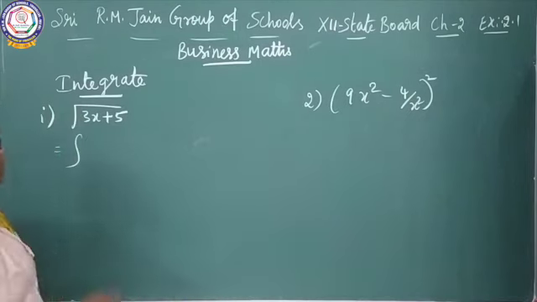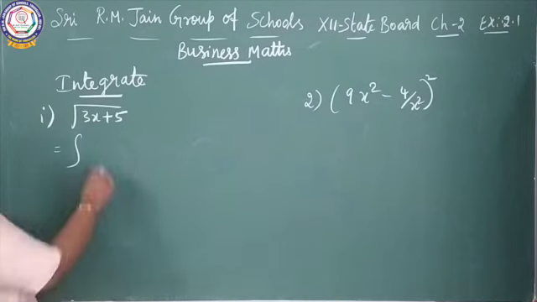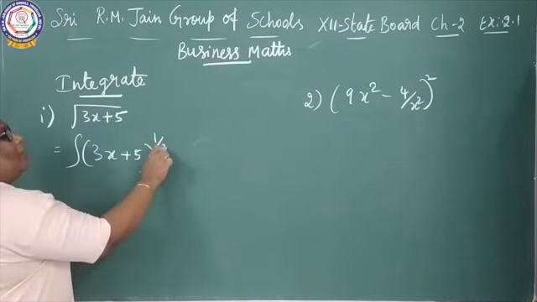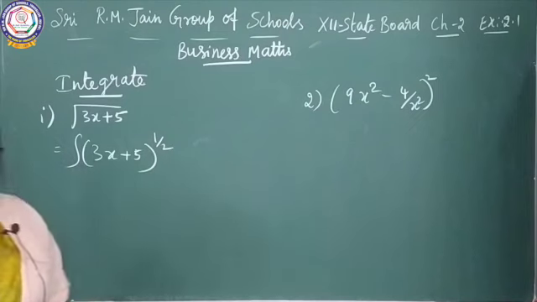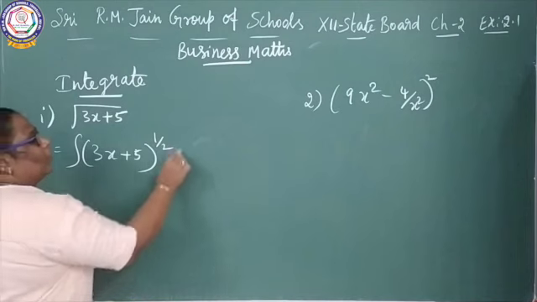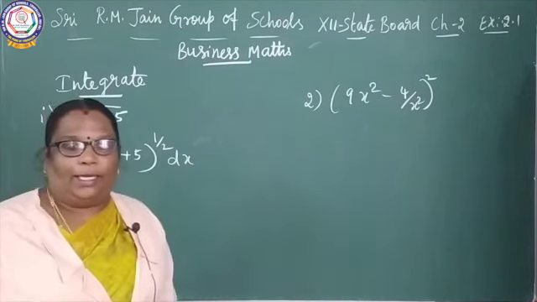Okay, listen. Integral root of 3x plus 5, that is 3x plus 5 whole power 1 by 2, dx. Whenever there is a root, it represents whole power 1 by 2. First you check the degree of x.